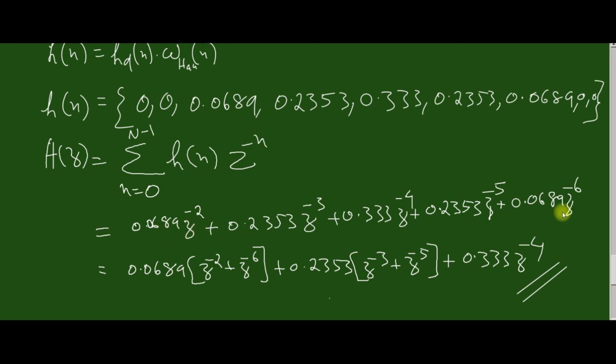The coefficients are common here. In such cases, we can combine the terms, z raised to minus 2 plus z raised to minus 6, and finally we get h of z as shown here.